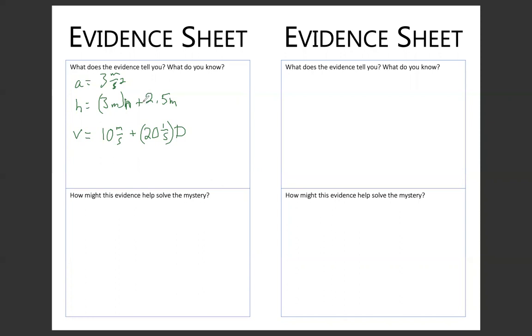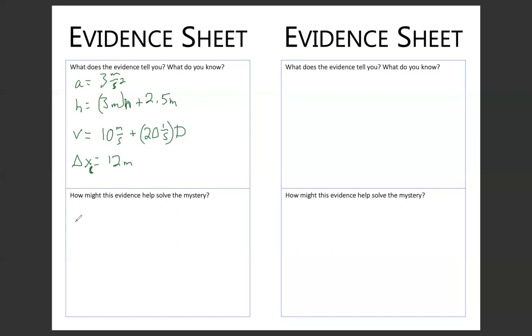First, we also know that last piece, delta x equals 12 meters. That's delta x of the car, the distance the car drove to get in front of the vase and the plant. So we know that the car drove 12 meters.